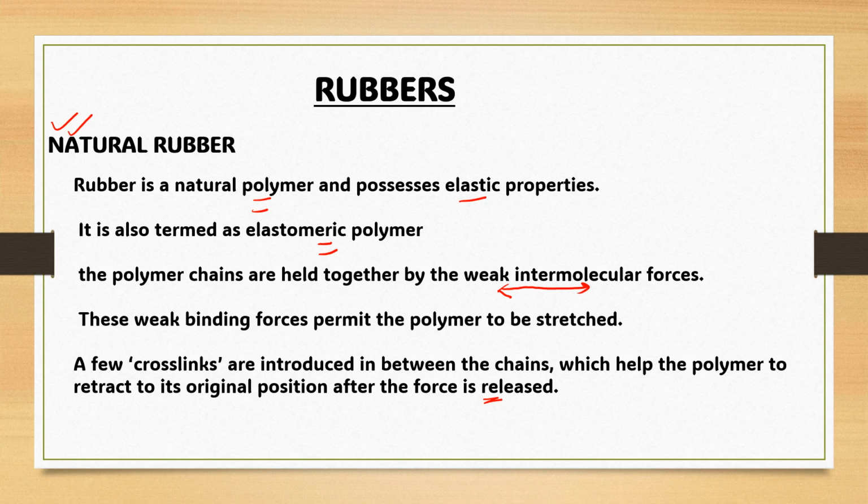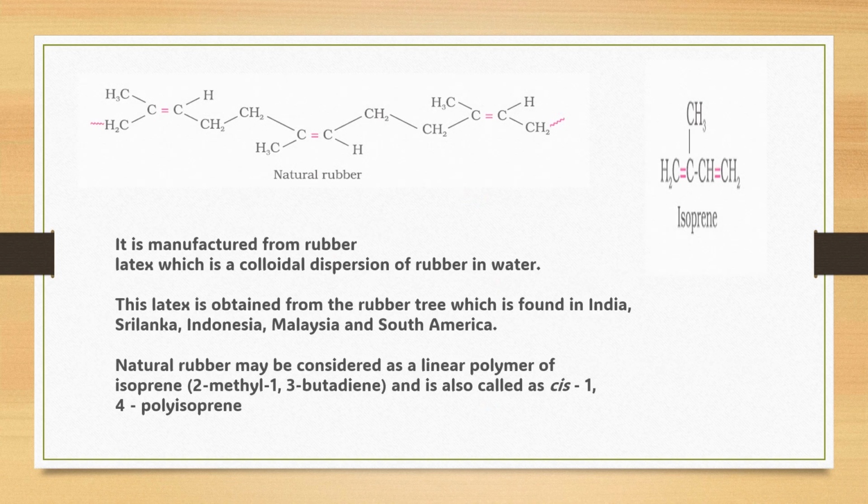Next, we have to discuss about the monomers of natural rubber. So that is isoprene. So how we have to remember the structure is, first we have to remember what is butadiene. 1, 2, 3, 4. Four carbon atoms. Diene is 1,3 diene.